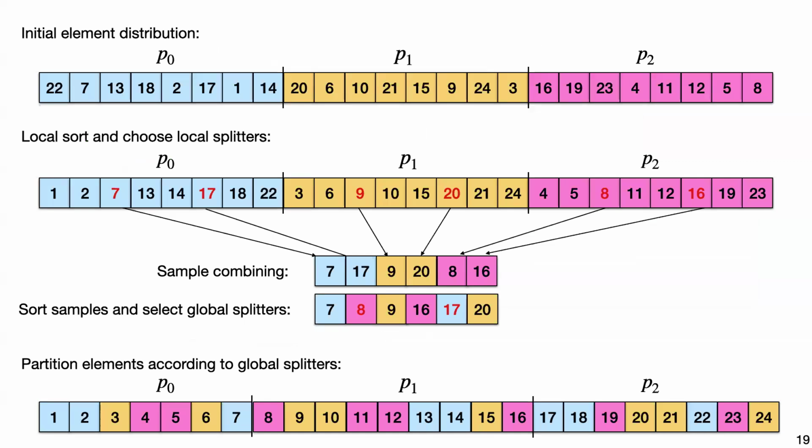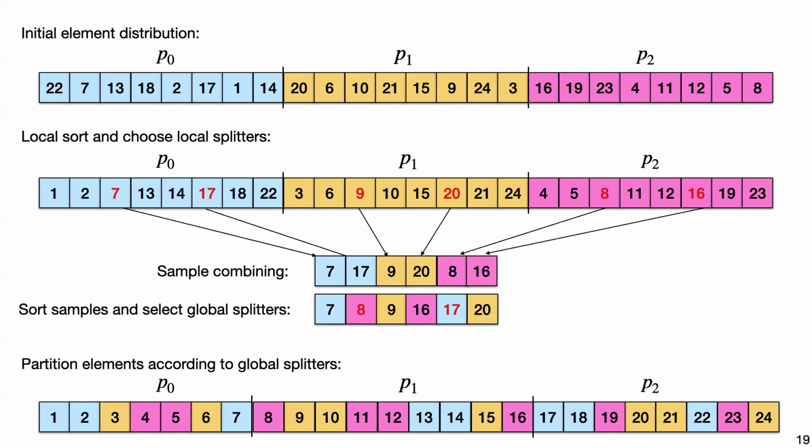Okay, so this is just an example of how this is going to go. So let's say we have 3 processors, P0, P1, P2, and they all have just 7 elements on them. And so the first step is to locally sort the elements on each processor, and then pick p-1 local pivots or splitters on each process.